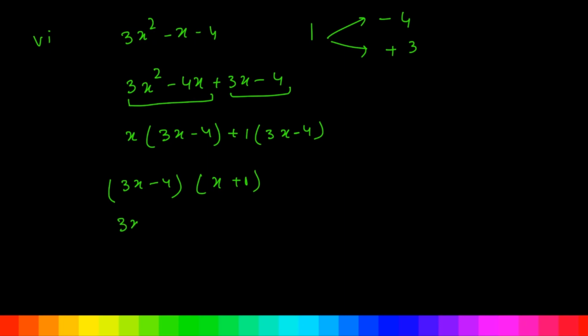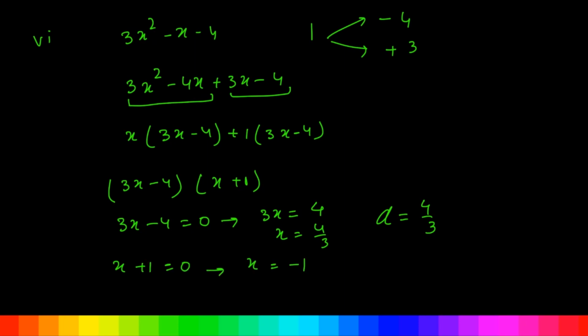Now if 3x minus 4 is equal to 0, it means 3x is equal to 4, or x is equal to 4 by 3. So alpha is equal to 4 by 3. If x plus 1 is equal to 0, x is equal to minus 1.